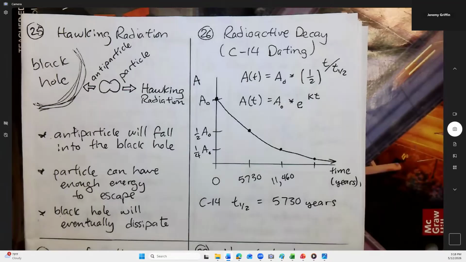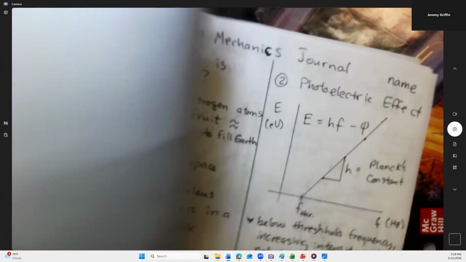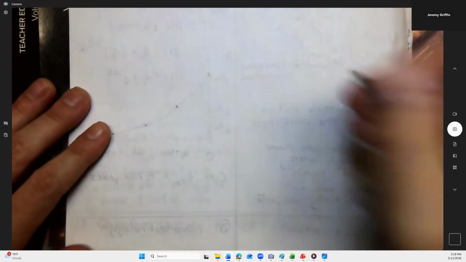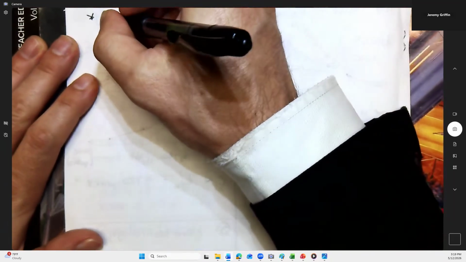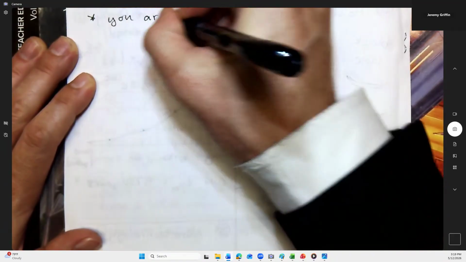Okay. Guys, let's do this. The backside of your journal should be blank. Let's do some calculations on the back of your journal. Okay, guys, ready for this? So here's the premise: you're an archaeologist.